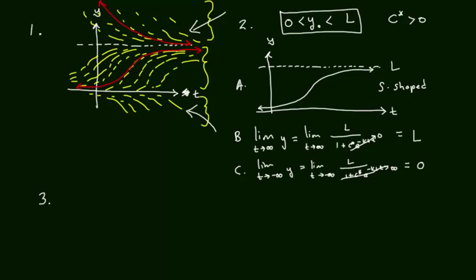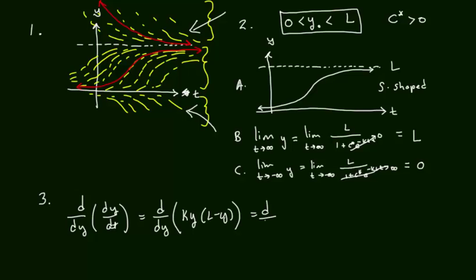In number 3, it wants to know what is the value of y when y is growing the fastest. So I want to optimize dy/dt. I want to find the local max for some y. So I'm going to take the derivative with respect to y of our dy/dt. And that's going to be the derivative with respect to y of the differential equation, ky times (L minus y).